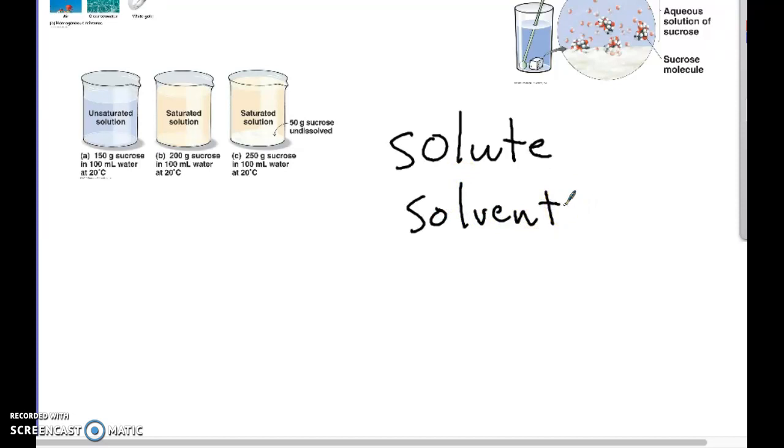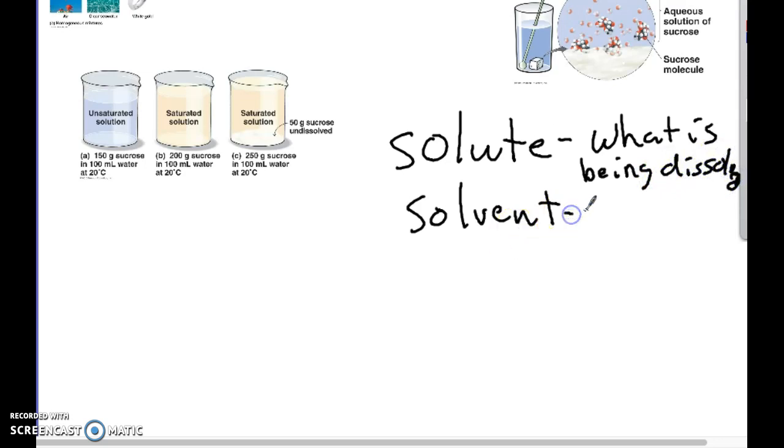Generally speaking, we say that the solvent is the component present in the greatest amount. But in general, the solute is what is being dissolved, and a solvent is what does the dissolving.